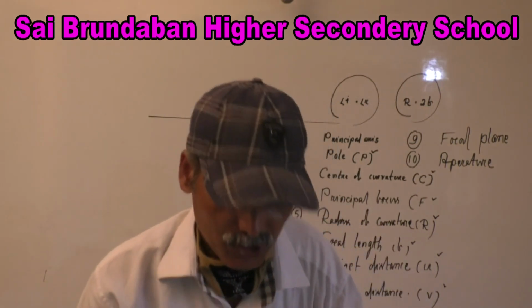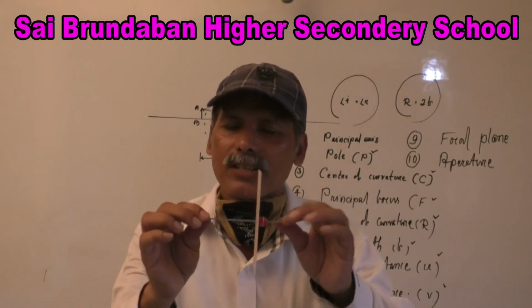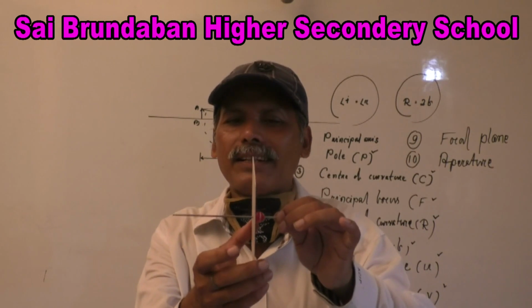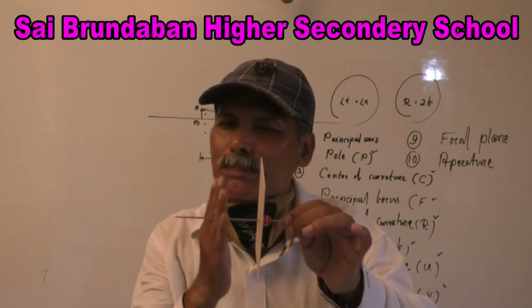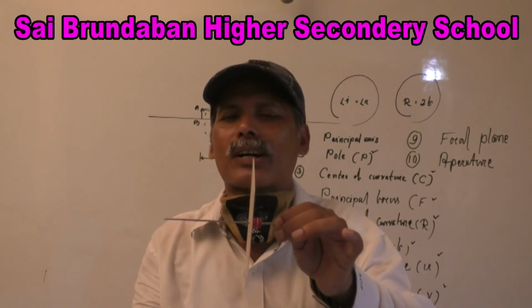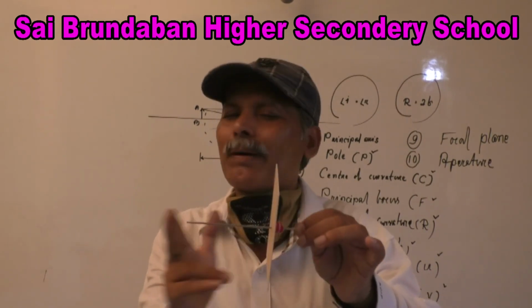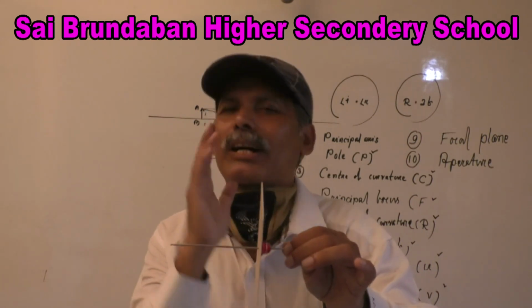Now remember it. Sometimes the definition comes in CCC examination. The plane which passes through the principal focus and is perpendicular to the principal axis is called the focal plane.